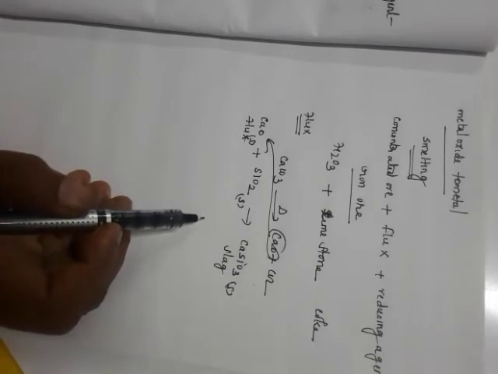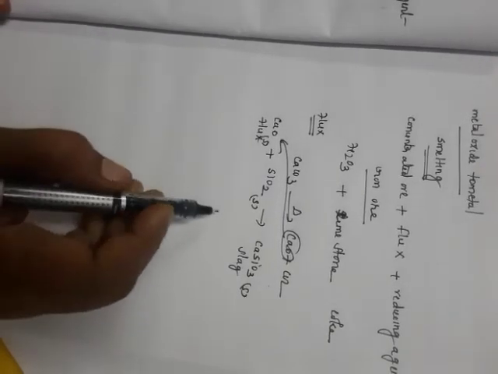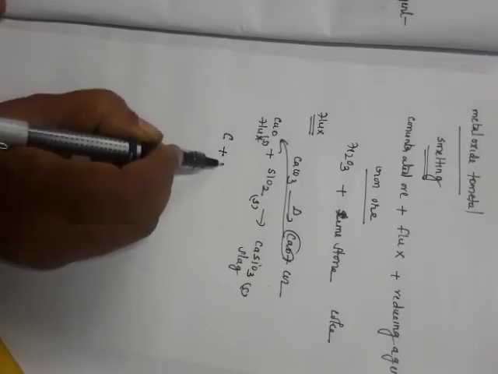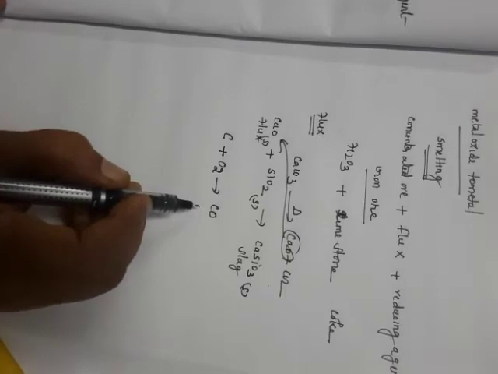Then, regarding the reducing agent, coke is used. The coke combines with O2, oxygen, forming CO, carbon monoxide.